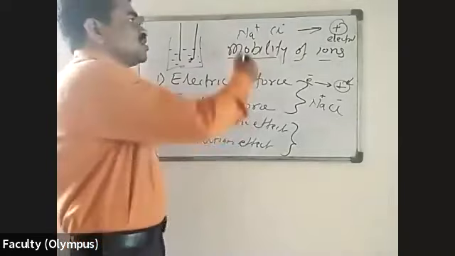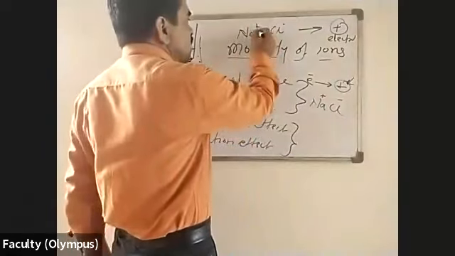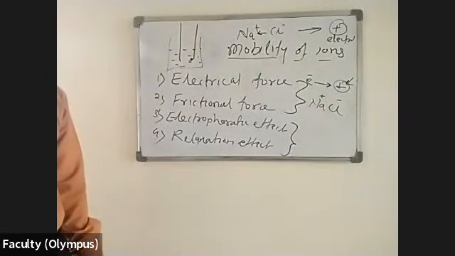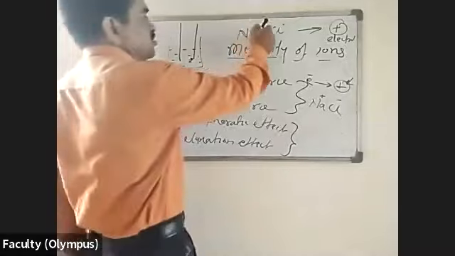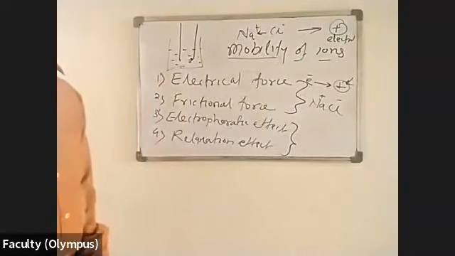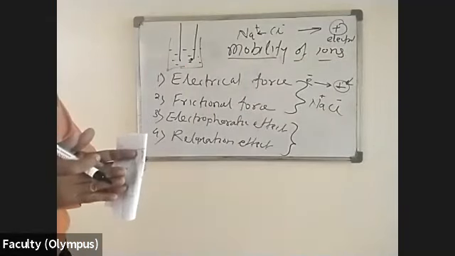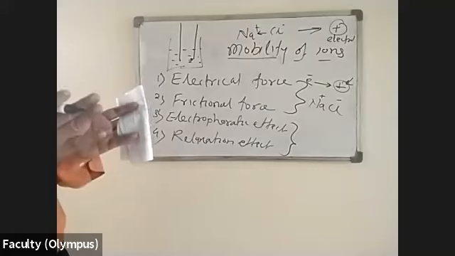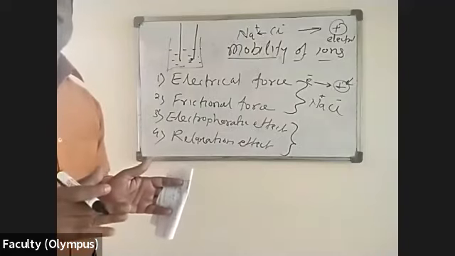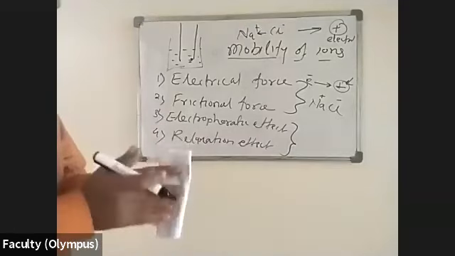But there are Na plus ions, and this Na plus ion attracts the chloride ions towards itself. That is the friction force. If that friction force is more, then the mobility of ions will be less. Ions will be less mobile if they have more frictional force.